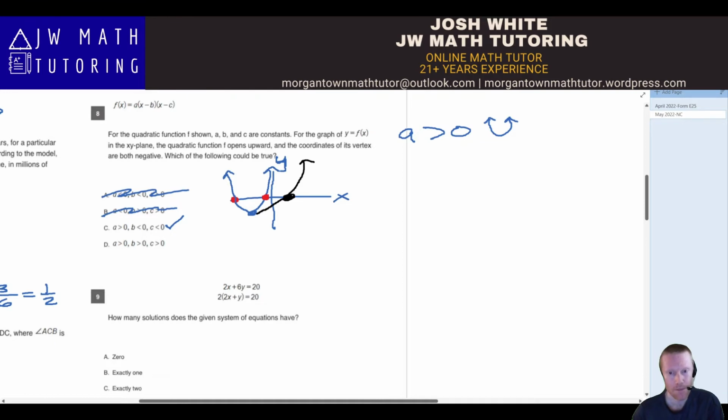But the left half of the function will always be somewhere over here where x is negative. It's impossible to have both of the intercepts have positive x values when the vertex is already over here, essentially in quadrant 3, or with a negative x value. So we can cross this out, and it's just going to be answer choice C.